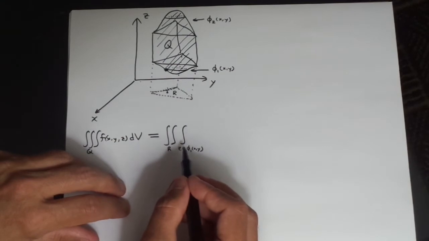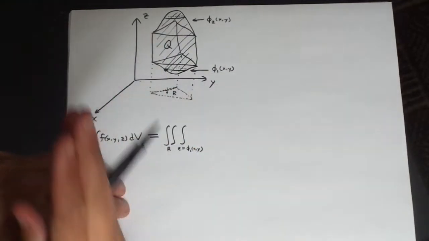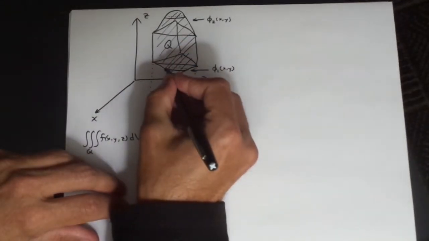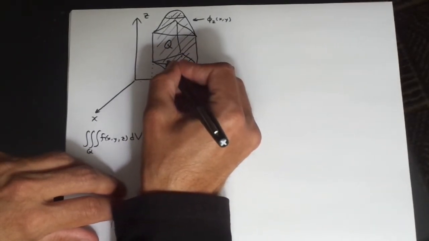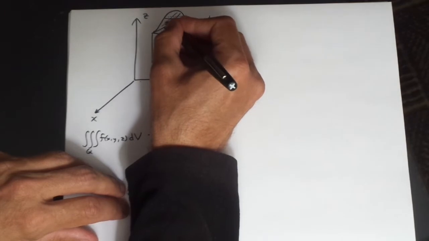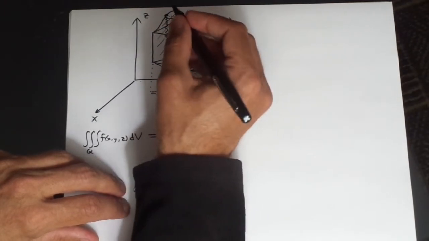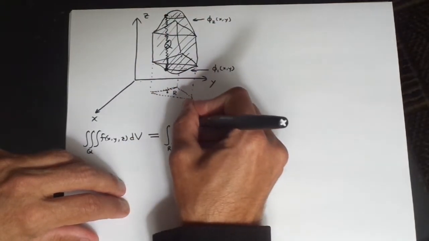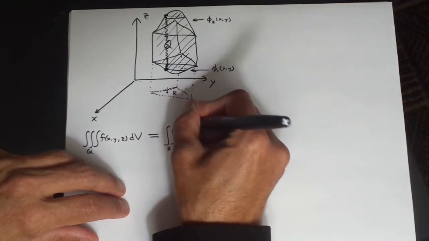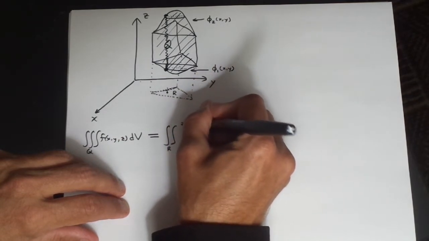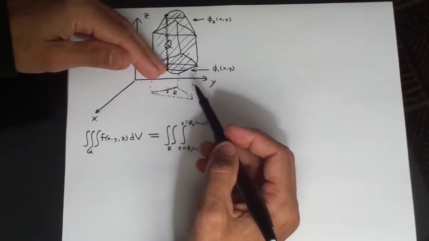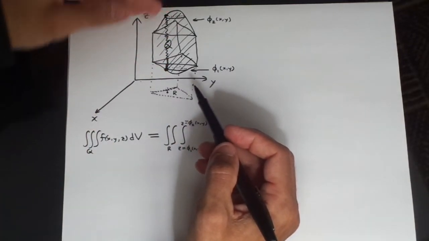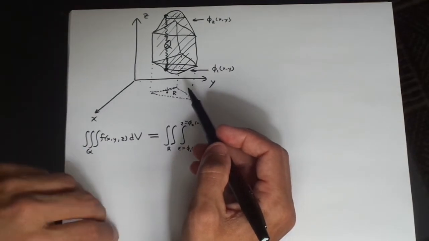I start integrating at the lower surface, and I'm doing vertical tubes of volume here, essentially, that are above the region R. So I'm going to integrate, integrate, all the way until I hit the upper surface, which is z equals phi2 of x and y. Okay, so you're integrating from the lower surface to the upper surface. It's a vertical integration in the z direction.